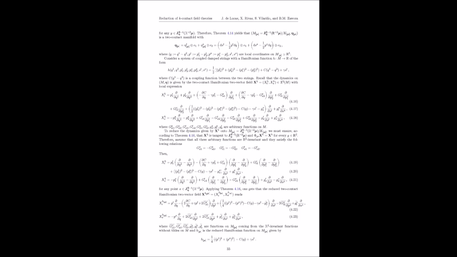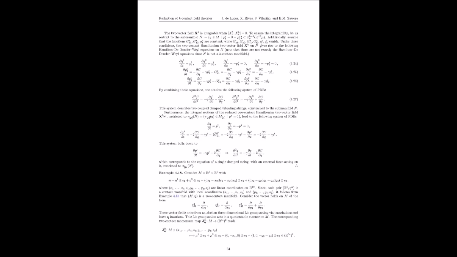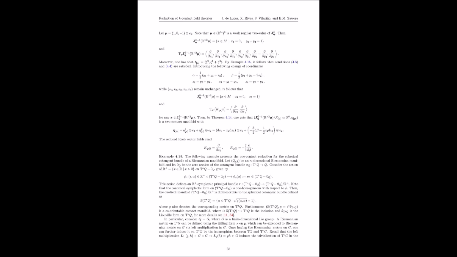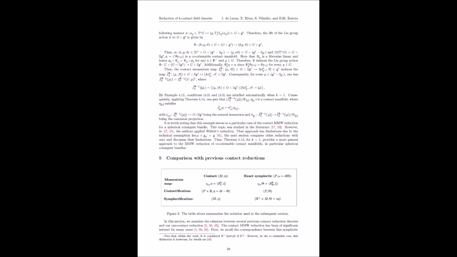Lift the k-contact manifold M and the action to the exact k-symplectic manifold R×M, producing an action. Using Theorem 4.1. 2. Construct the corresponding exact momentum map on R×M. 3. Use Lemma 4.12 to verify that the conditions of the exact k-symplectic MMW theorem, Theorem 3.19, hold for this lifted system. 4.